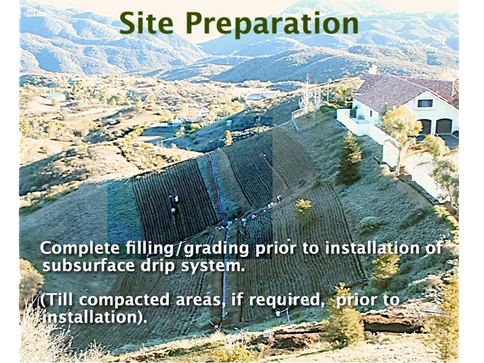Here we see a pretty beautiful site. As you can see, this is only supplying this one home, so it's a pretty large drip system. Make sure you complete all your filling and grading prior to installation of the drip system. You don't want to start installing and then find there are spots where you have to start filling and grading.